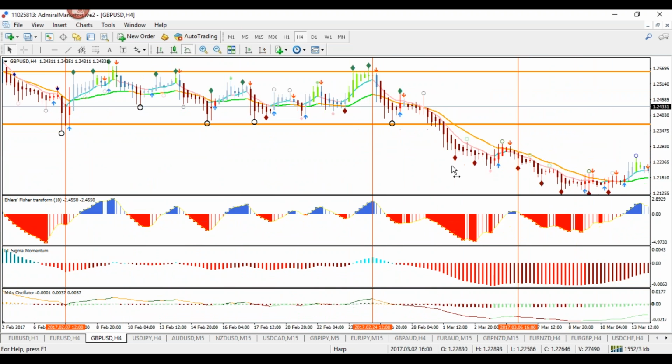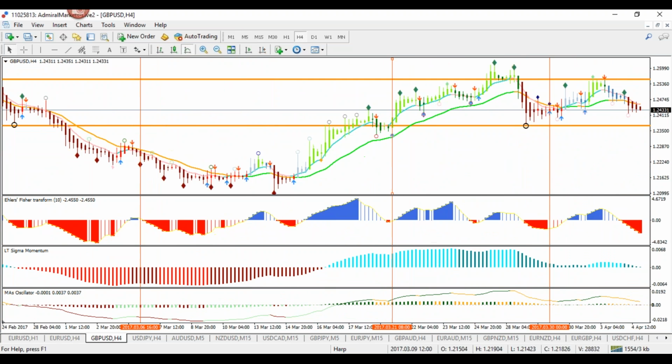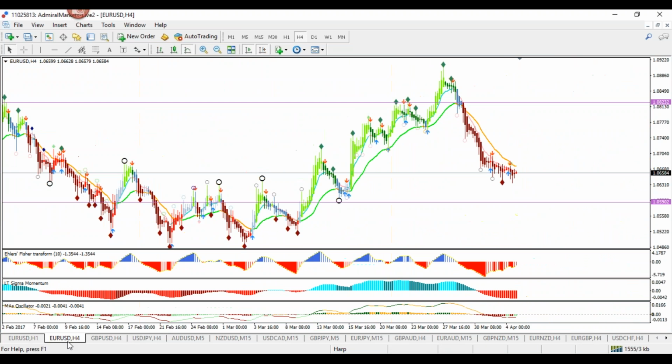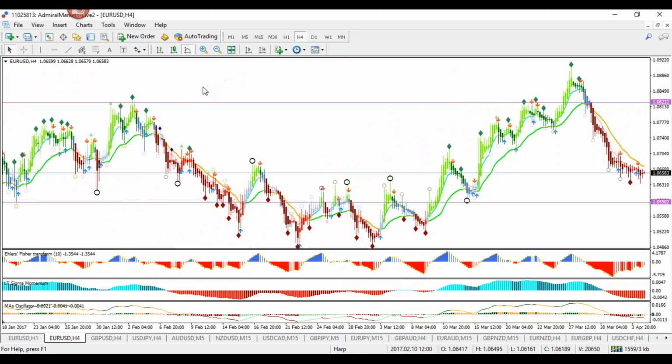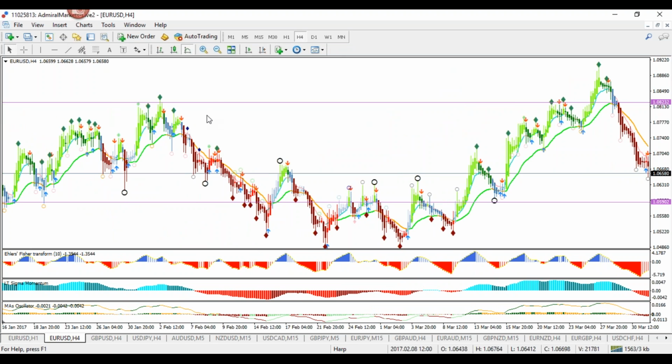So let's take a look at one more example, for instance at a different pair maybe, something different. Let's take a look at the 4-hour chart. It's good for intraday, intra-week, and swing trading, in my opinion.